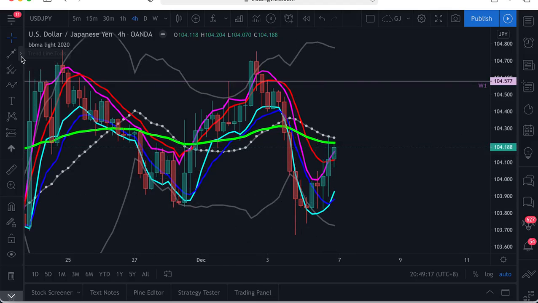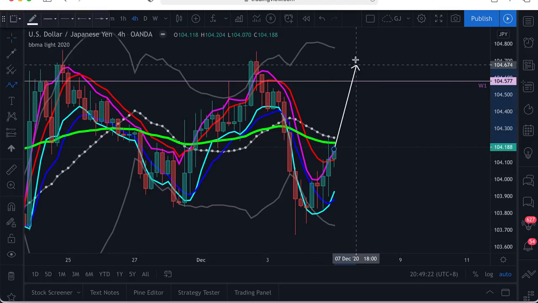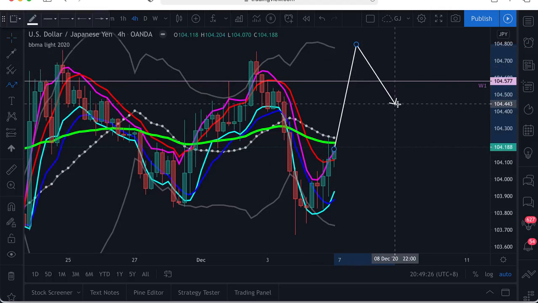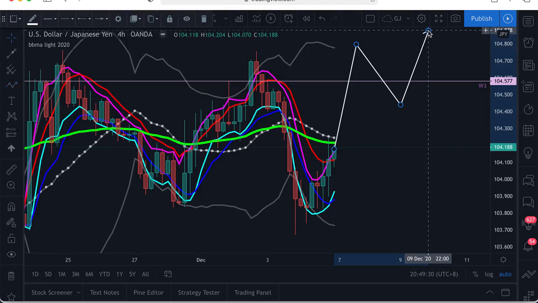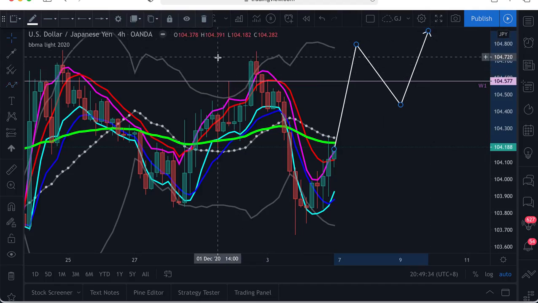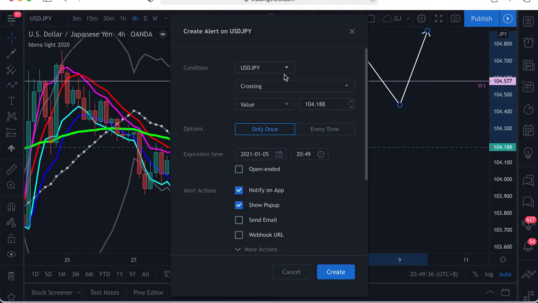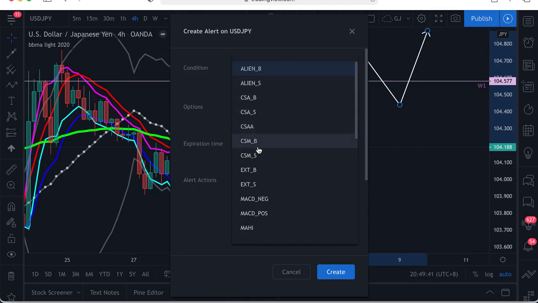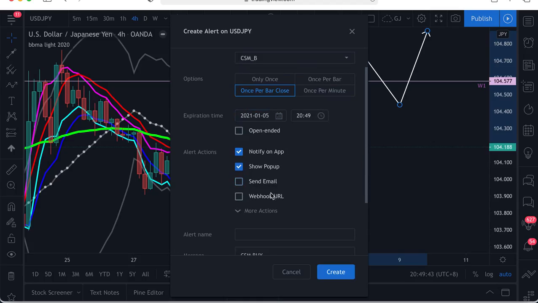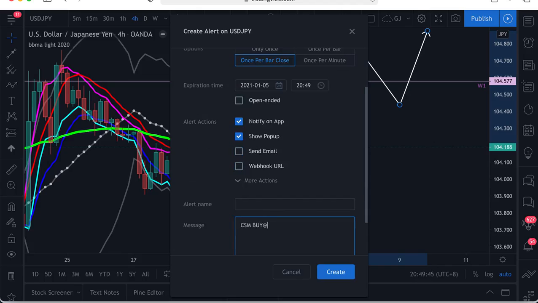So what we need to wait for is price to go up and close on top of the Bollinger Band, then we take the pullback to continue to go up. So that will be our plan for USDJPY. So we set an alert: we want to wait for CSM buy at H4, BBMA 50.